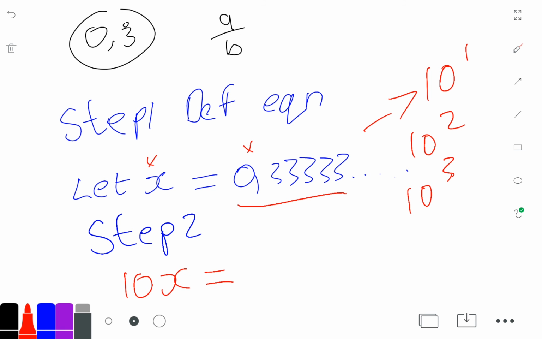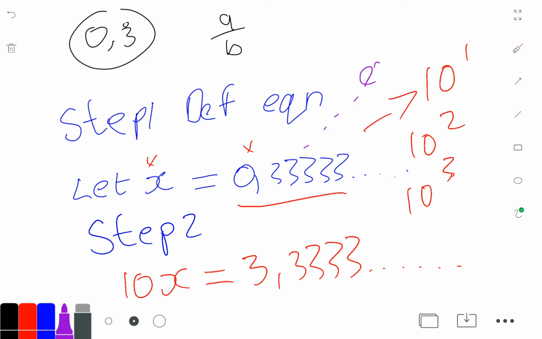Because this number is multiplied by 10, which is the same as 10 exponent 1, one of the 3's will move to the left. If it was multiplied by 100, then two 3's would move to the left. So this number multiplied by 10 will be 3,3333... Let's call this one equation 1, and this one equation 2.